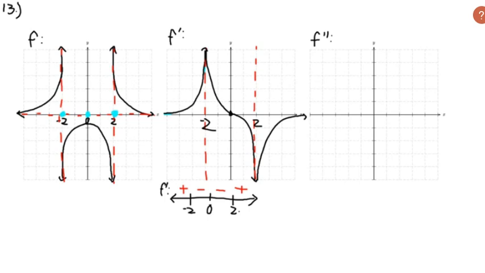And to graph f double prime, we have to get the slope of f prime. So therefore, we have to analyze the graph of f prime. From negative infinity to negative 2, we can see that it is increasing.